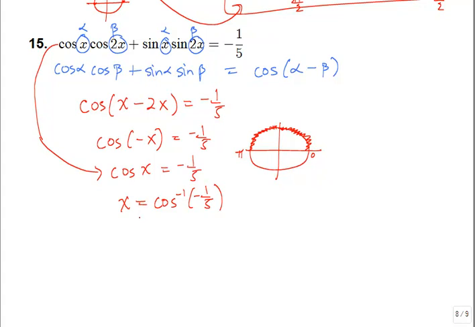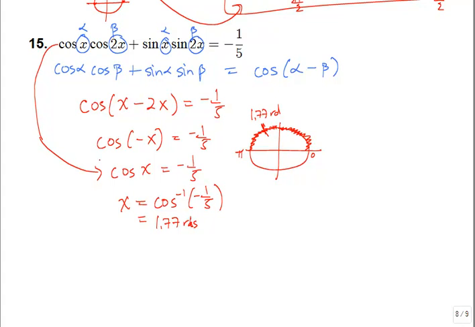Now I'm going to skip that step temporarily and tell you what the decimal is. We'll get that calculator up in a moment. But if we punch it in, you'll see that you get 1.77 radians. And it should be somewhere over here, and I don't know exactly where it lies, but it's somewhere over there in quadrant 2.